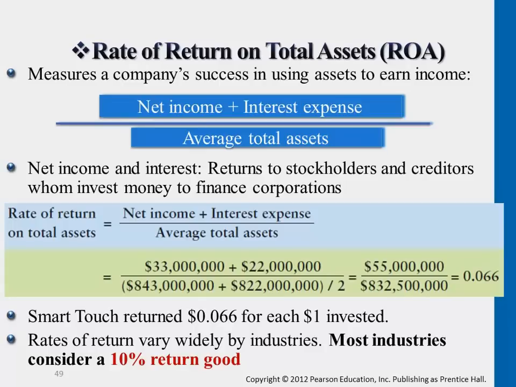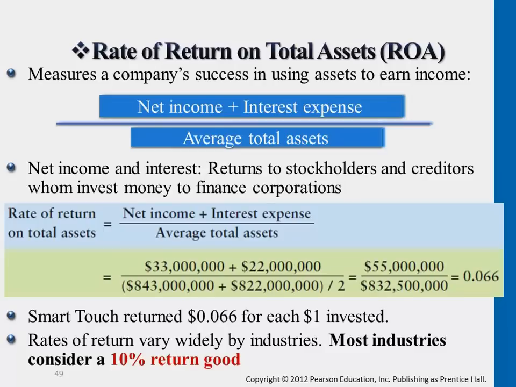Now, since this is a return ratio, and the numerator is net income, the larger the better. If you compare across the years, if it's increasing, that's a better sign; decreasing, that's a bad sign. But we do have a rule of thumb: about 10% rate of return on assets is generally considered good.